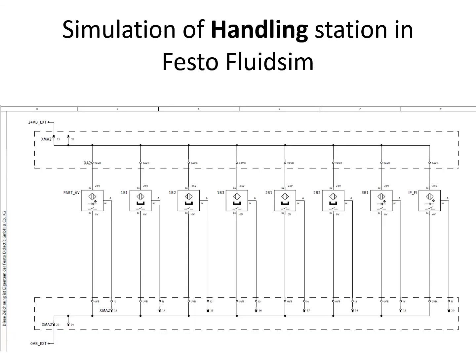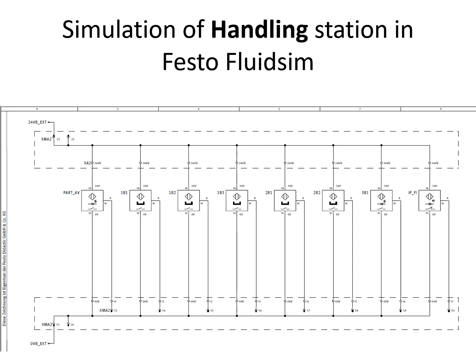For the electrical circuit, we have sensors 1B1, 1B2, 1B3, 2B1, 2B2, 3B1, and we have a part available sensor for the gripper, and we have a transmitter and receiver.